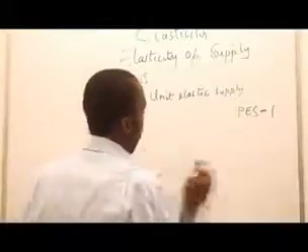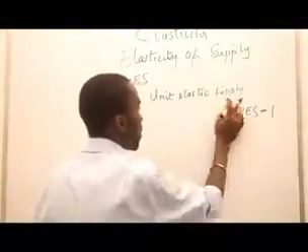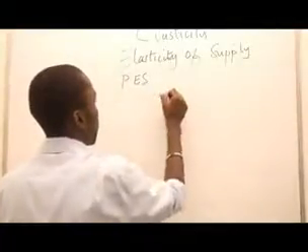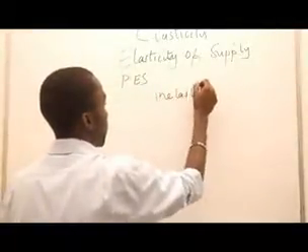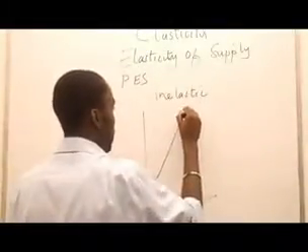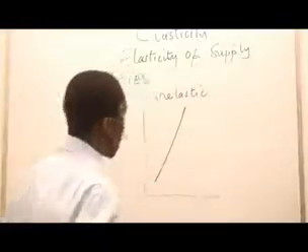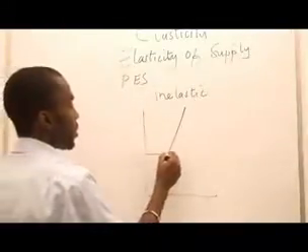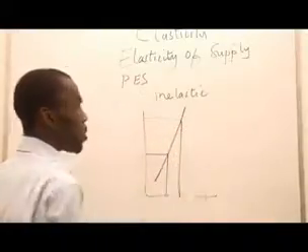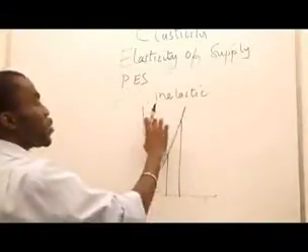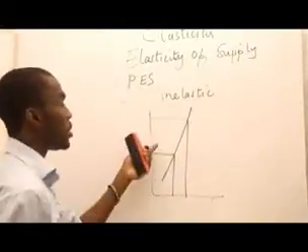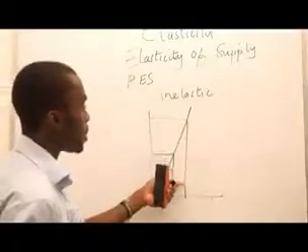You also have the inelastic supply, and here we have a relatively steep supply curve, which means that suppliers may not be so much responsive to price changes, so that a unit change in price will lead to a less than 1 unit change in quantity.